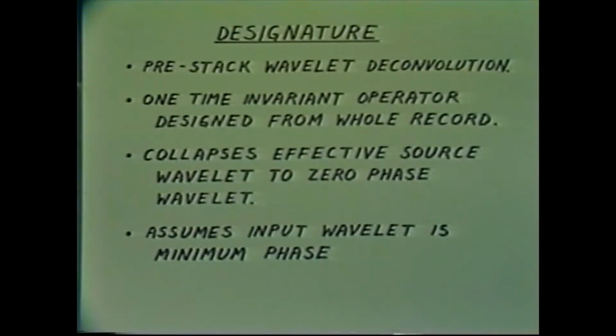Now, a zero-phase wavelet gives maximum possible resolution for the frequency bandwidth on the output record. It has one basic similarity, however, to conventional deconvolutions, in that it assumes that the input wavelet is minimum phase.